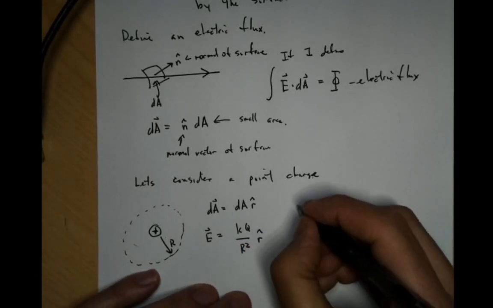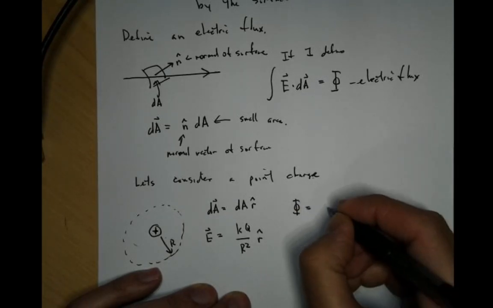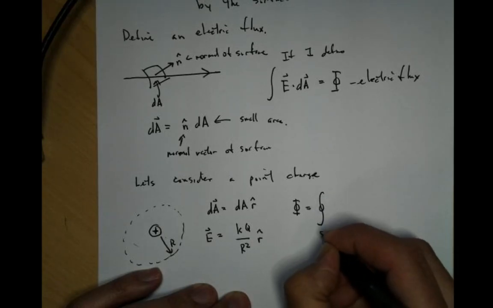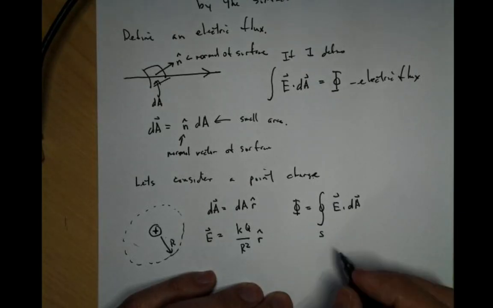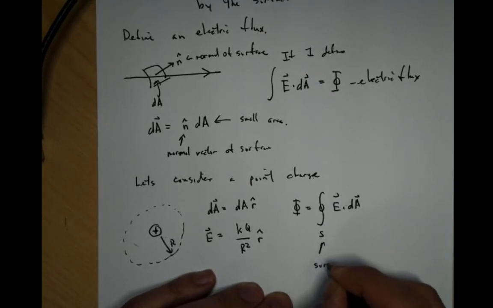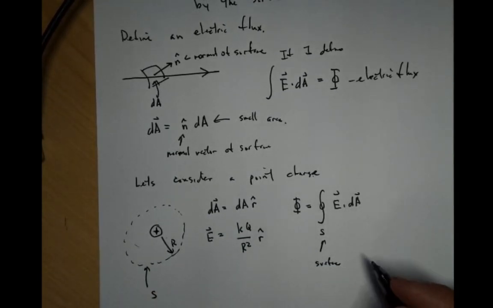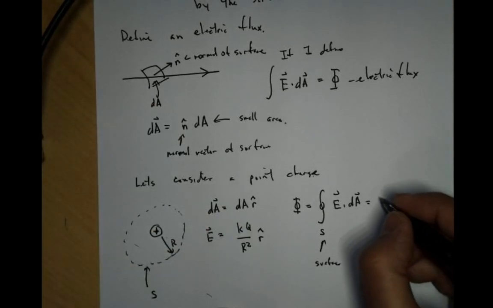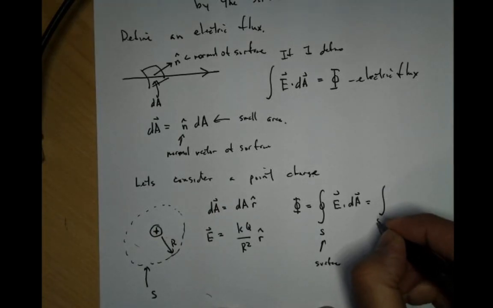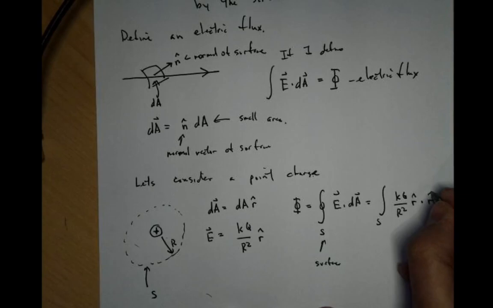If I compute the flux, this is the integral over the surface S of E dot dA. That's the integral over the surface of kq over r squared, r hat, dotted with r hat dA.